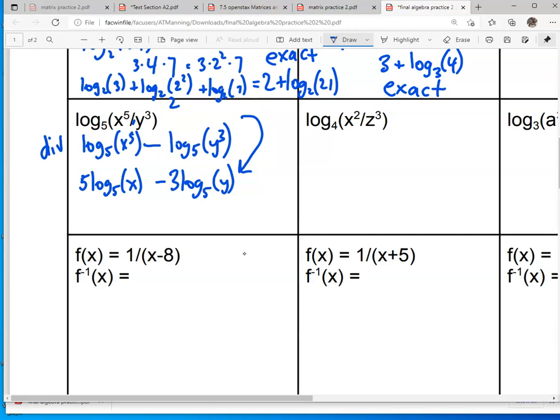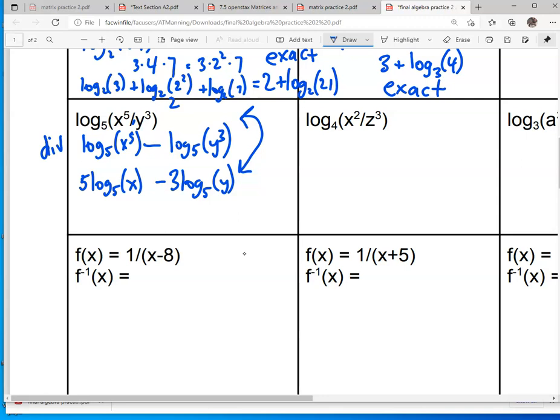Now you may be given a problem that says, put this in the form of x and y with exponents instead of a subtraction. Well, then you're just going the other direction. Remember, you can go either direction. If you're given this, and they say put it in one logarithm with an exponential form, that means put this back in the equivalent form like this.